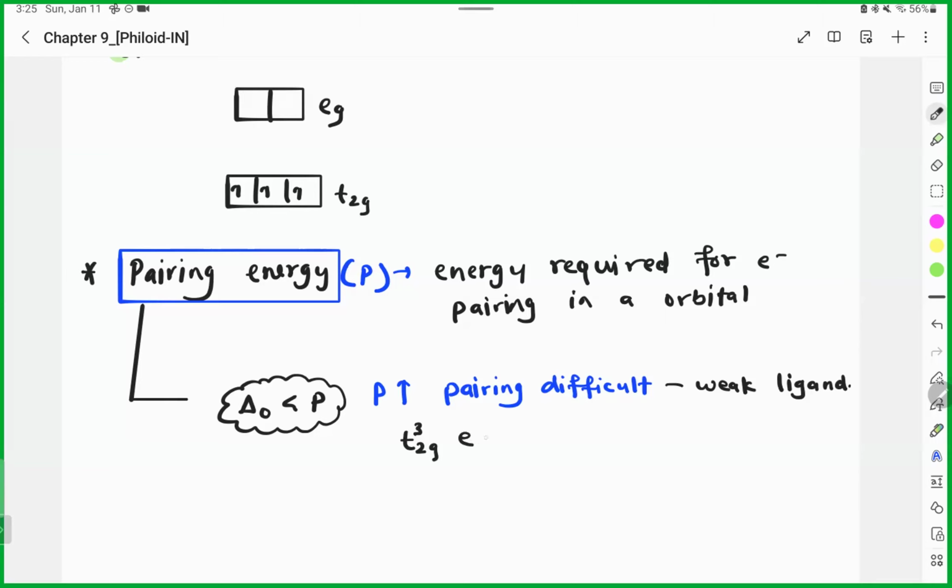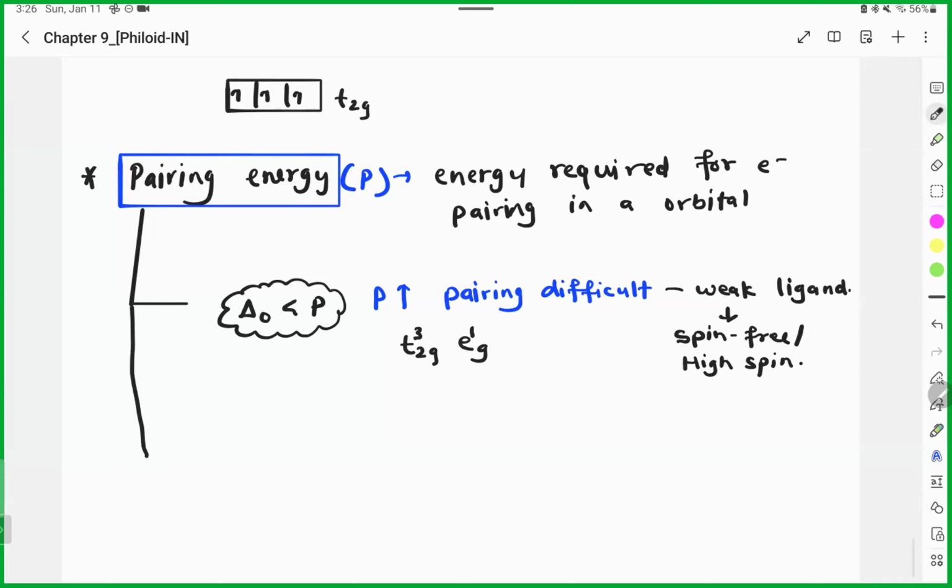The answer is, in this case, it will go to Eg. Why? Because the pairing energy is too much. You need a lot of energy to make it pair. Understood? So these are the weak ligands, and in weak ligands you get the spin free or high spin complex, correct? From valence bond theory. Any doubt?